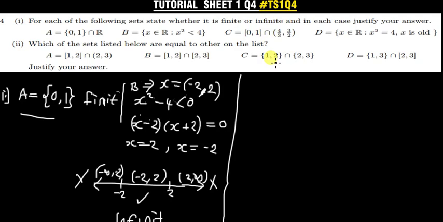So for C, we're just trying to find the intersection set between 1.3333 and 1.5. When you look at these two sets and find the intersection between the two, you discover that it will be an empty set, because we don't have 1.33 or 1.5 in the other set.